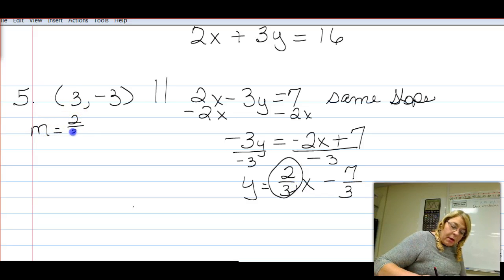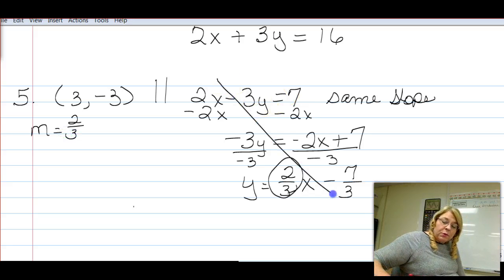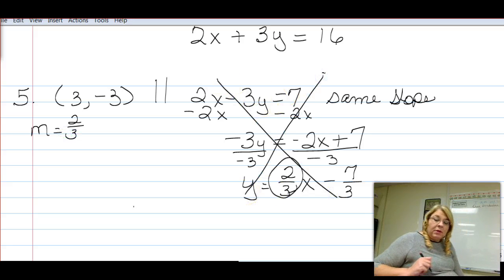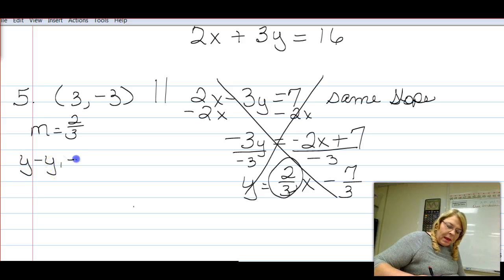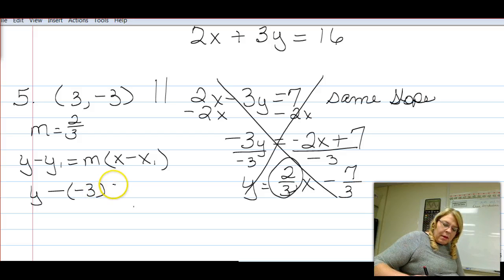All I wanted to know about this line was what was its slope. I'm not going to use it anymore. I need to deal with the slope that I've been given and the point I've been given. I am now going to use y minus y sub 1 equal m times x minus x sub 1, so that I get y minus -3 equal 2/3 x minus 3.